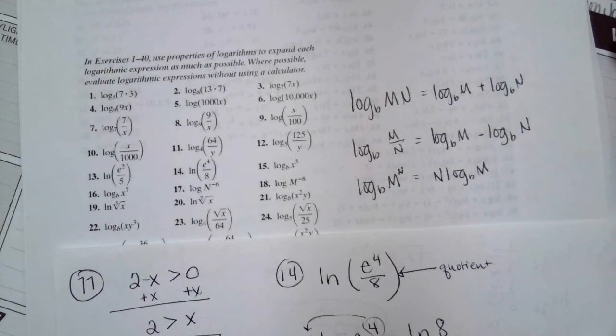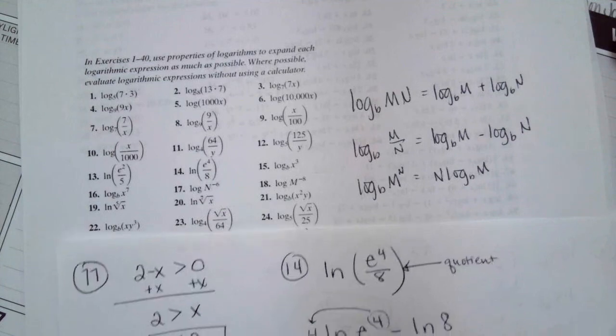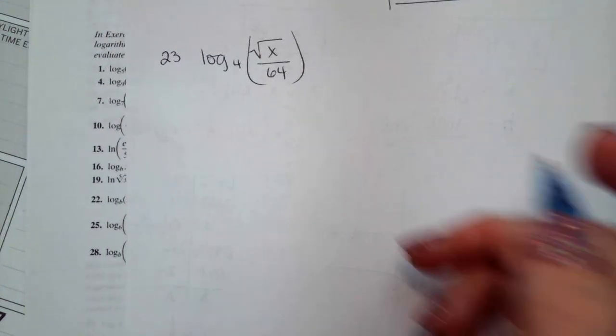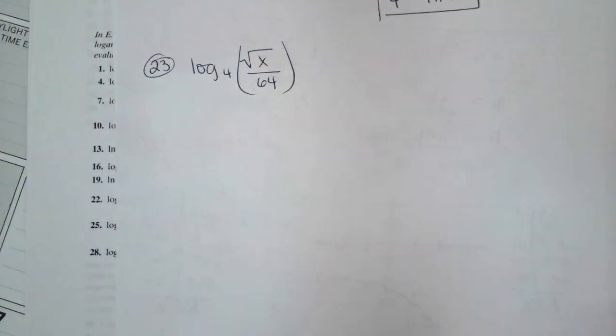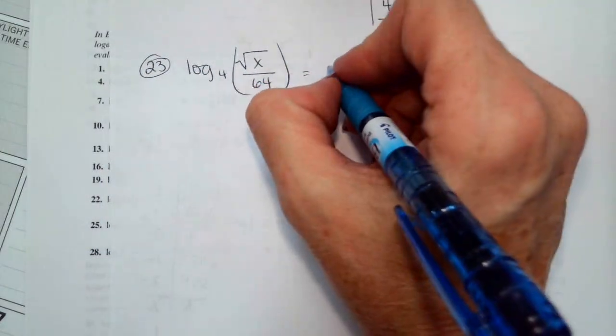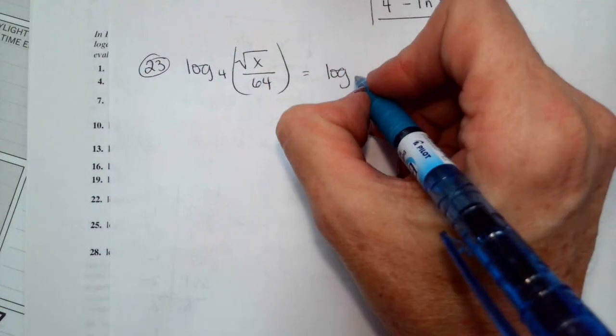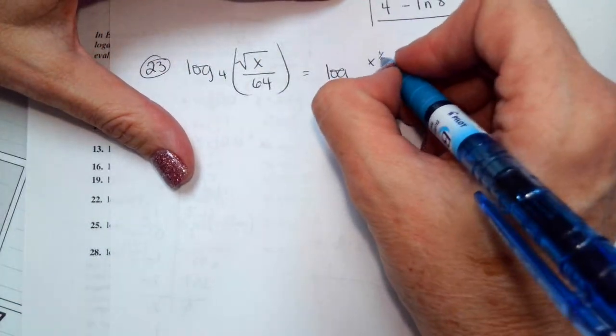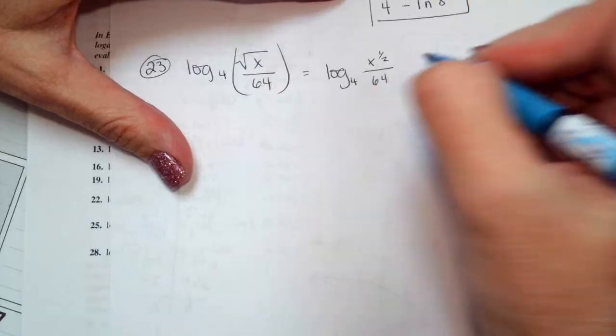23. Log base 4 of square root of x over 64. Okay, so looking at this one, this is the same as log base 4 of x to the 1/2 over 64.